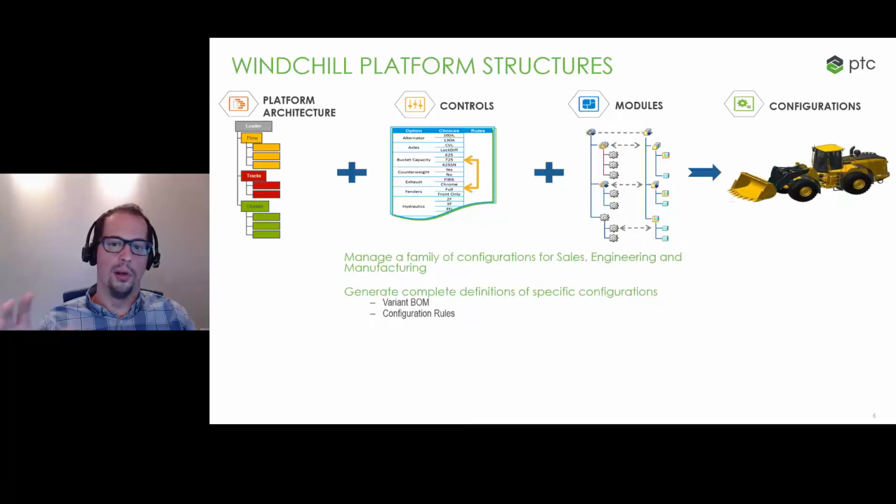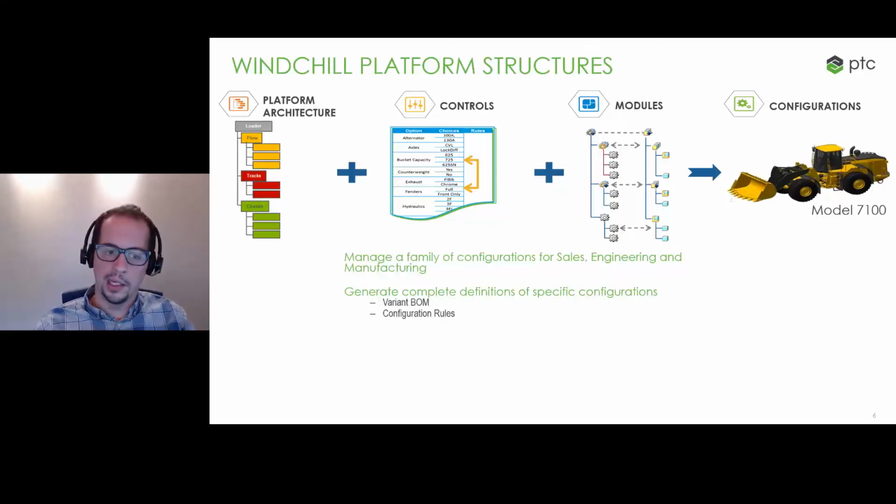Lastly, important is the configurations. The configurations capture the particular combinations of those elements that you want to deliver to market. This can be a set of markets that you want to go into, or a set of particular ordered variants that a particular customer wants to build.